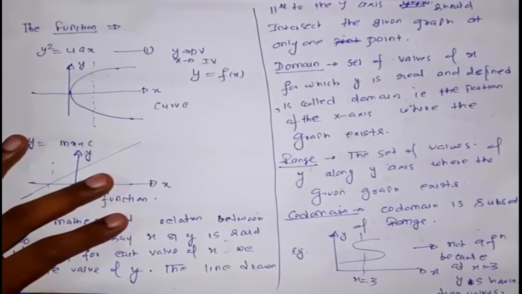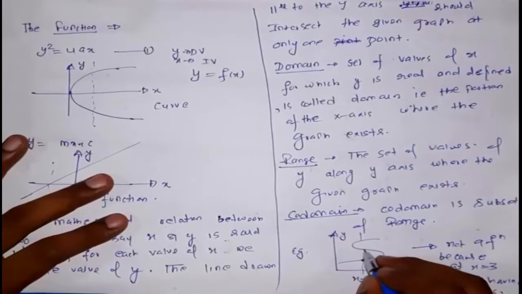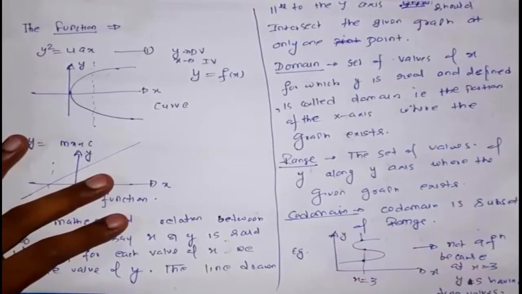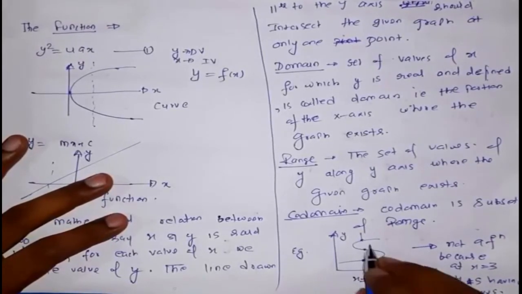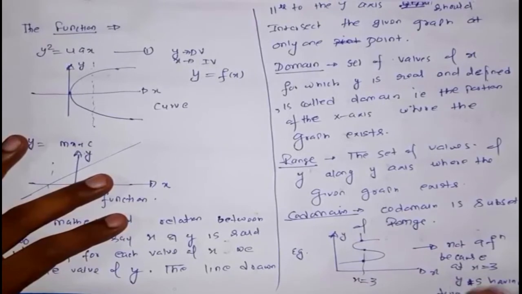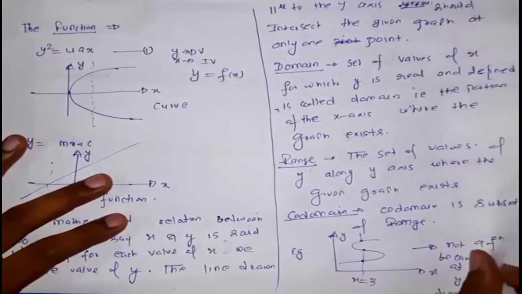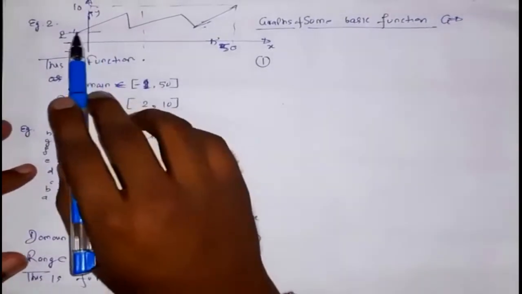If that parallel line intersects the given graph at 2 or more points, then that will not be called a function. It will be called a curve. Here it is intersecting at 3 points. For a value of x equal to 3, there are 3 values of y. This is not acceptable in a function. So this is a curve, not a function.